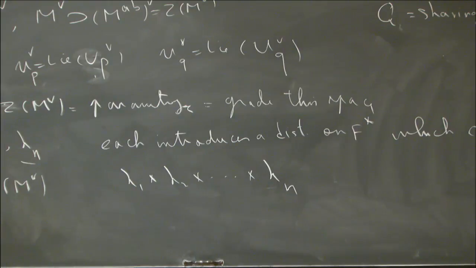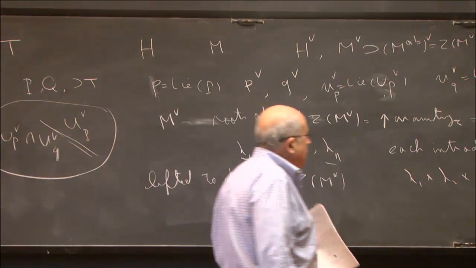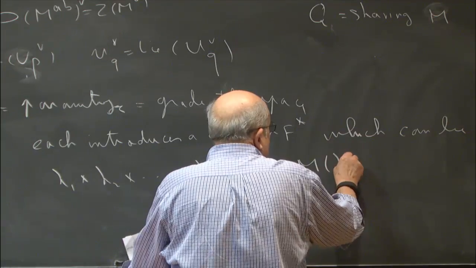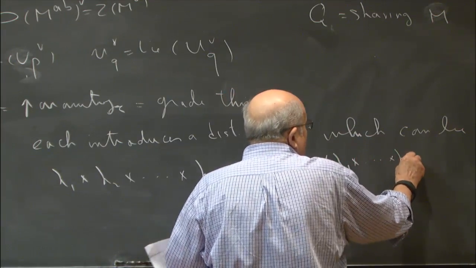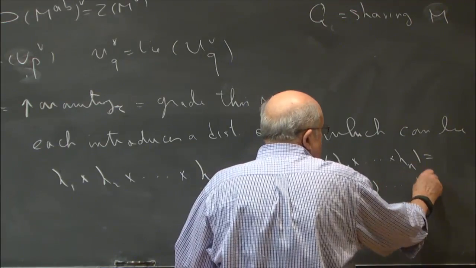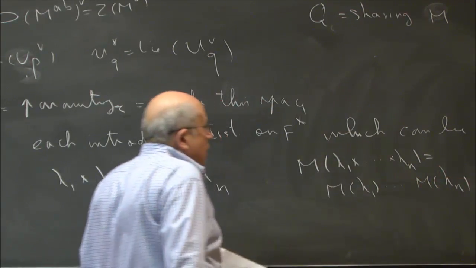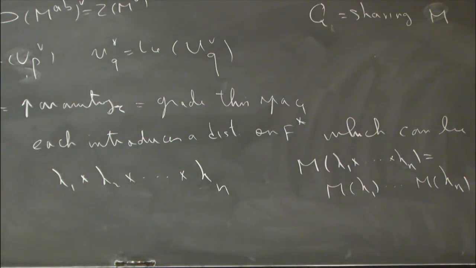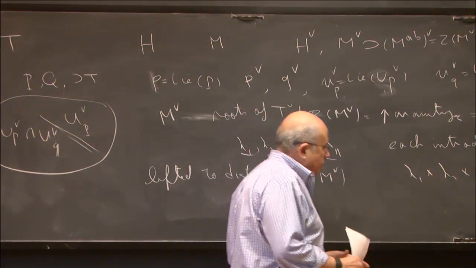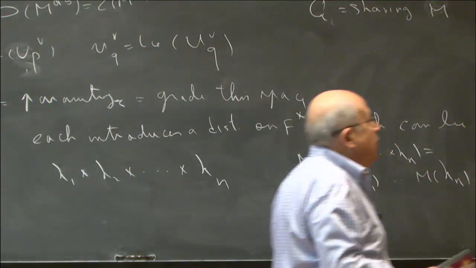This becomes a distribution on the center of M check, and then when you take the corresponding rational function M attached to this lambda 1 all the way to lambda n, you're going to end up with a product of these things. And then each of them is really one gamma function for this. So the result, I'm skipping.